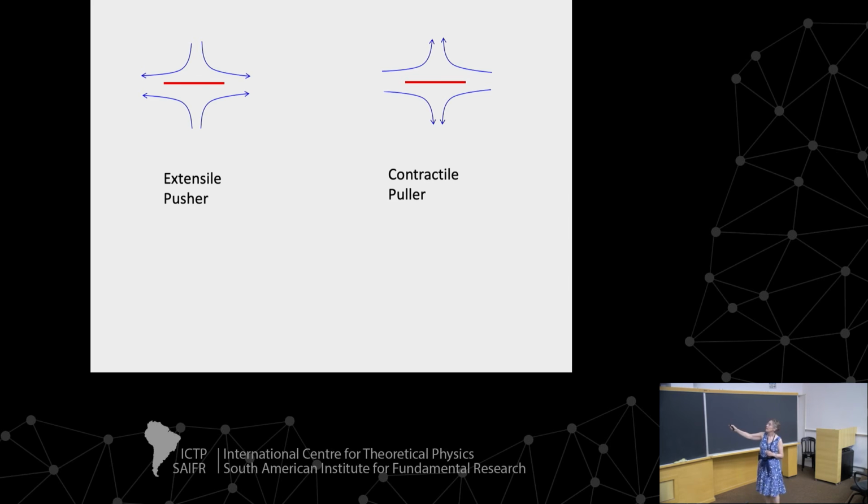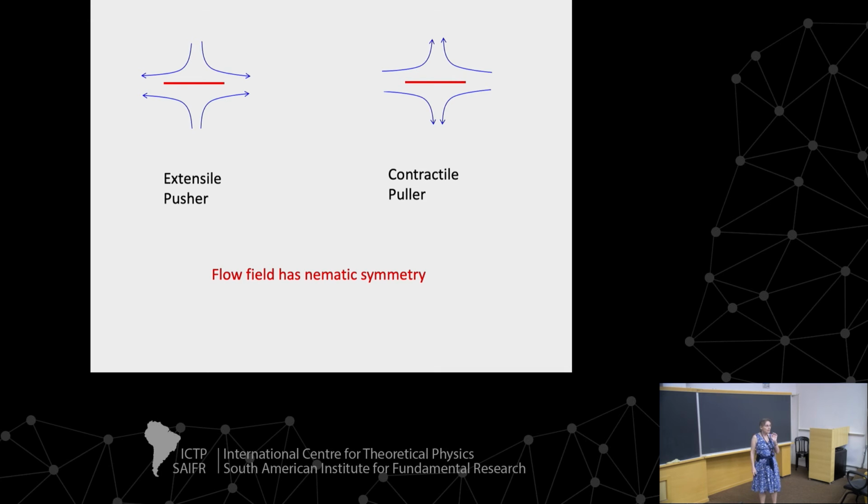This one here, where it pulls fluid in from the sides and then pushes it out from the middle, is called a contractile swimmer or a puller because the flow is tending to squash it back, it's tending to take it in its elongated direction and push it back in again.